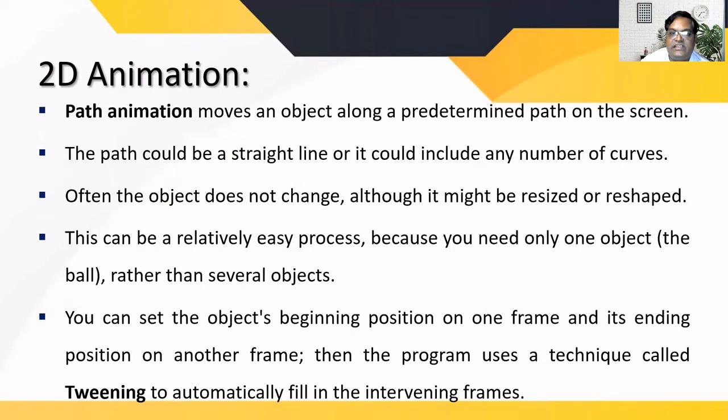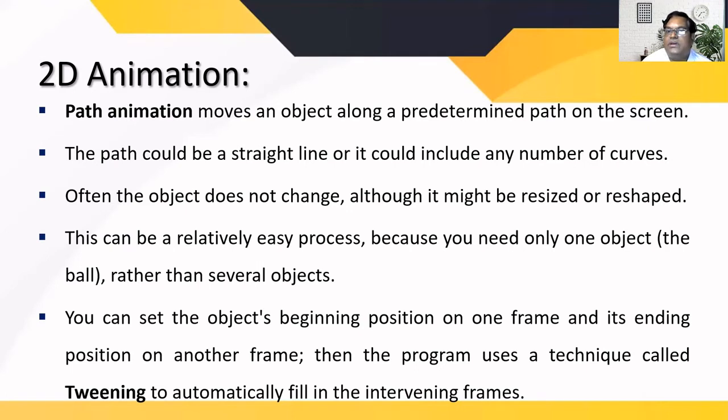The second one is path animation. In path animation, the images move along a predetermined path on the screen. You can draw the path as a straight line, or it could be any curved line. You specify the draw path of the animation, and the object moves on the screen along it.